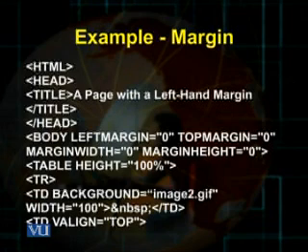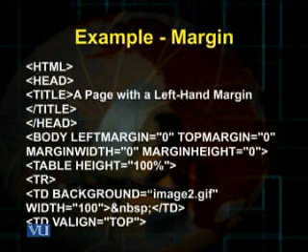I have kept the width of this cell as 100, and then I use the code &nbsp; This is the code in HTML which represents a blank space, and then I close the td tag.